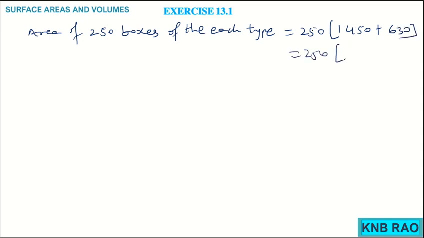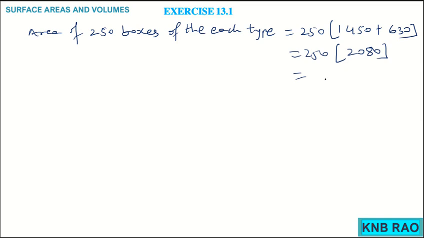Why? Because it is 250 into 1450 plus 250 into 630, 250 is common. I have taken that 250 common. So 1450 plus 630 is 2080 multiplied by 250, which will give the area of the 250 boxes of each type.